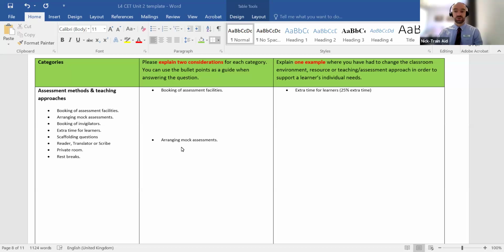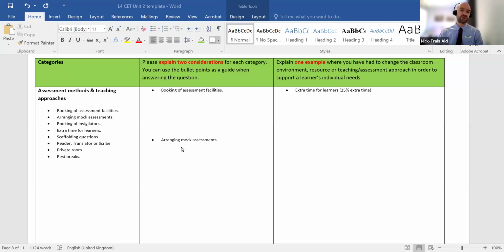But I'd also need to arrange for staff members to be invigilators. I'd also need to book out private rooms as well for learners who need extra time and support as well. So a lot goes into the planning of assessments with regards to the booking of facilities, making sure that you've got enough staff members to monitor the examinations as well, to be timekeepers, to give learners feedback on how much time they've got within the assessments as well.